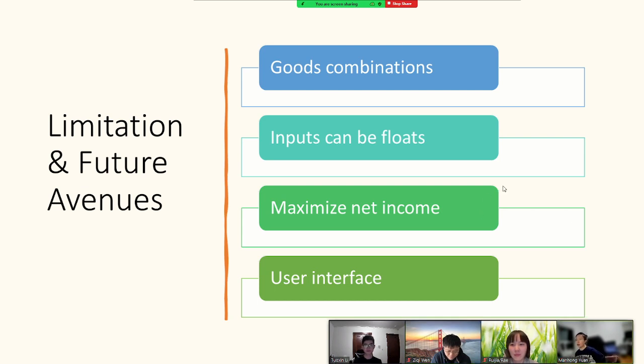So I will talk about the limitations and the future avenues of our approach. After completing this project in a short period of time, although each of us is satisfied with the result we have achieved, there are still some weaknesses and limitations which give us some thoughts about future avenues.